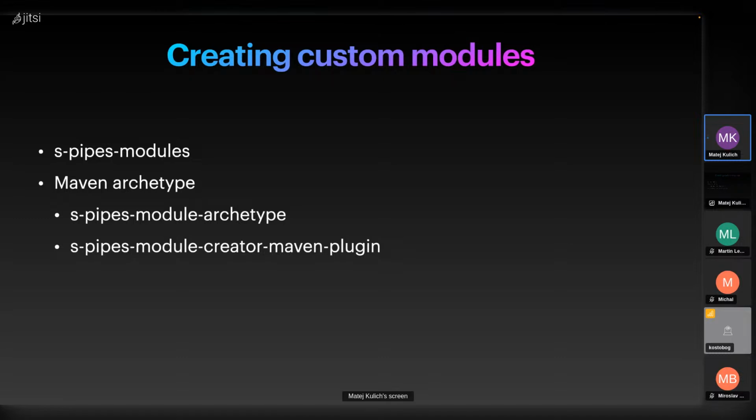It is kind of inconvenient, but this will be deleted soon. We also have a module archetype, which is a Maven archetype for generating a clean template for a new module. I will show this in a demo in the end. And we have the other Maven plugin, which is used for processing existing modules, and it takes care of updating RDF ontologies.